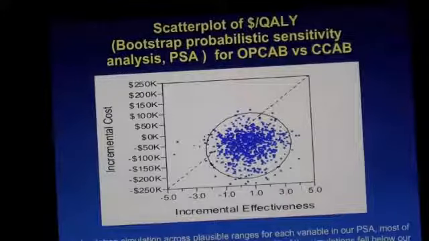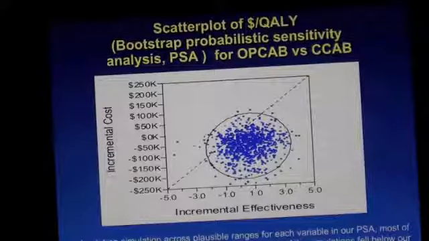In this one, for example, I've plotted on the cost effectiveness plane the range of ICERs that we found from our model of off-pump versus on-pump bypass surgery. And you can see I've drawn there the threshold ICER of the willingness to pay around $50,000 per QALY.